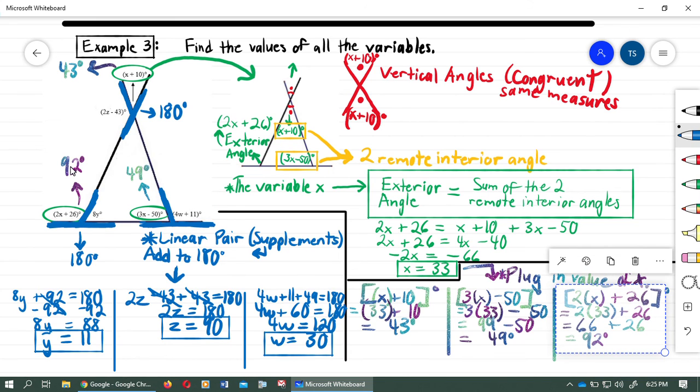Okay, great. So then, folks, we did those three linear pairs that were in the diagram. We know that because they formed a linear pair, they were supplements of each other, those two angles that form a linear pair. And so we set up those equations and we solved for those other variables.